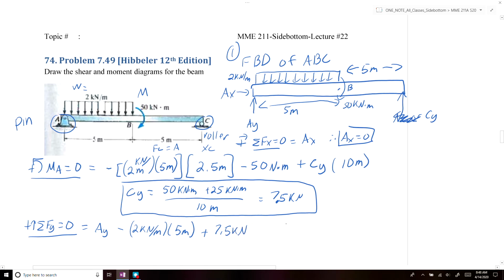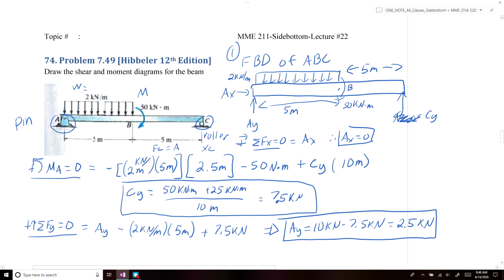So we would end up getting A of Y is going to be equal to 10 kilonewtons minus 7.5 kilonewtons, or it's equal to 2.5 kilonewtons.